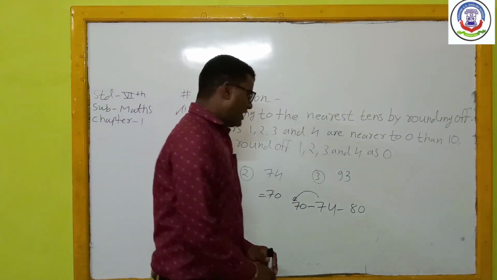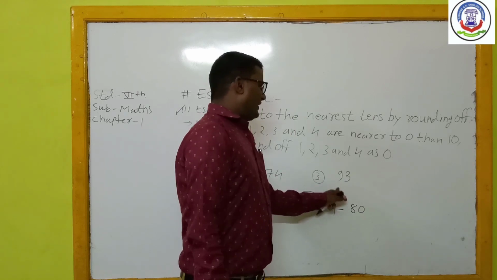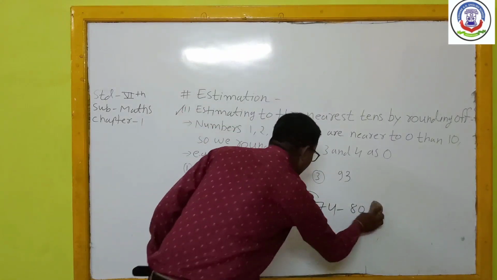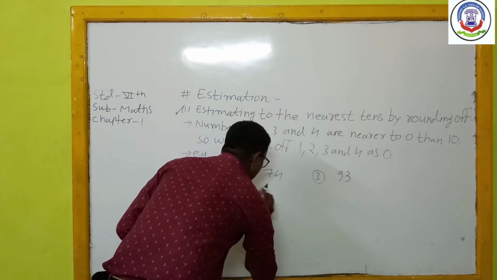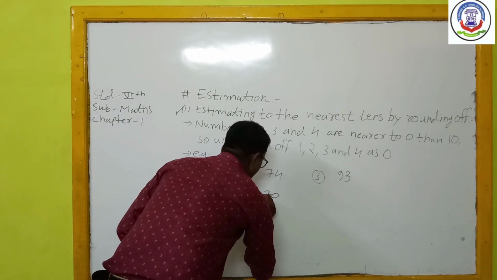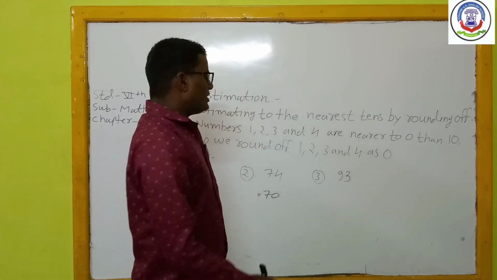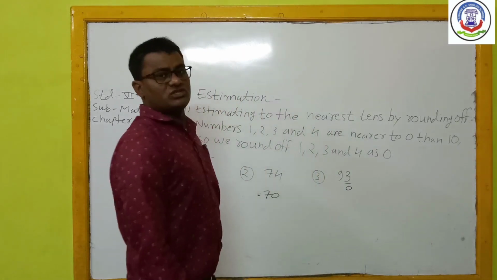Okay students, now another example, question 3, 93. Now for 93, you can clearly see that its ones place digit is 3.